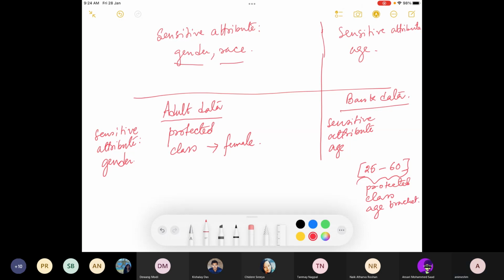So now with this setup, the authors went on to carry out their experiments.